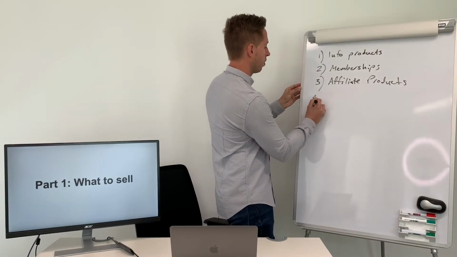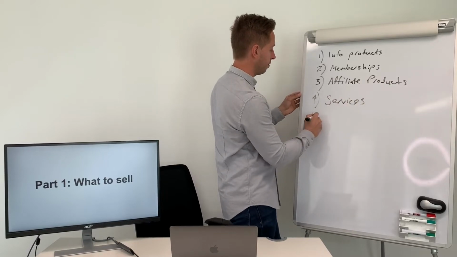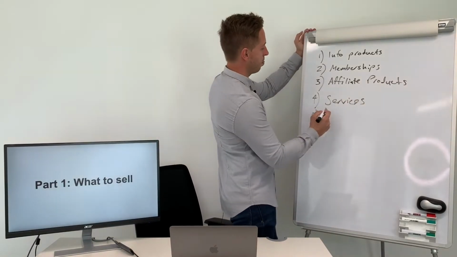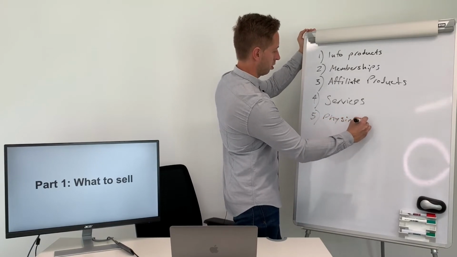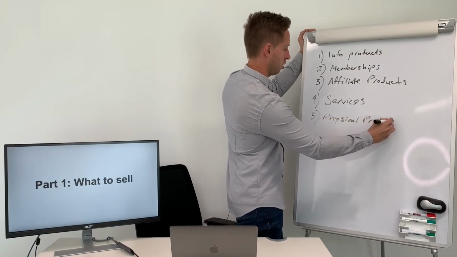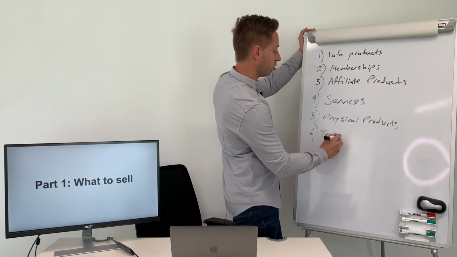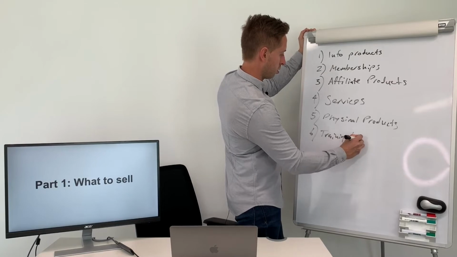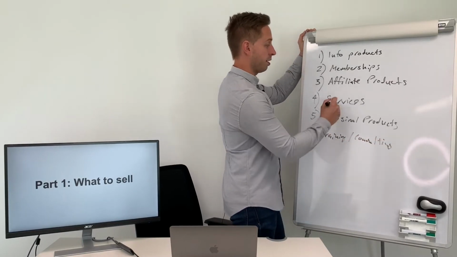Number four, we've got things like services, where you fulfill a service for someone. Number five, we have physical products. Number six, we've got training and consultancy, which kind of overlaps with services.